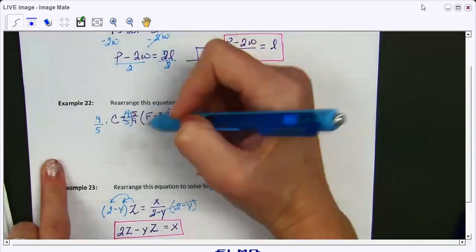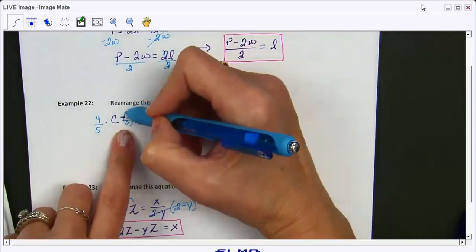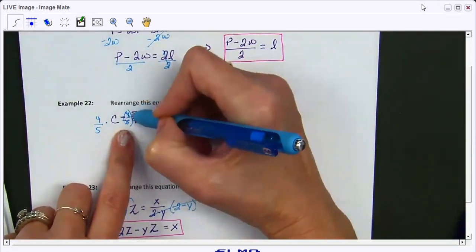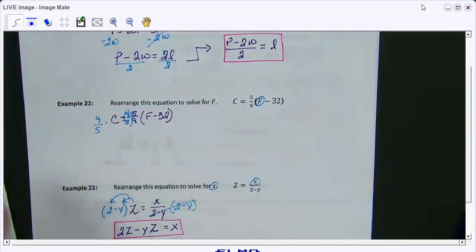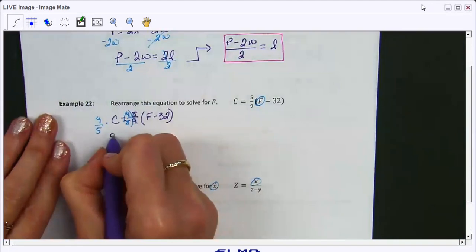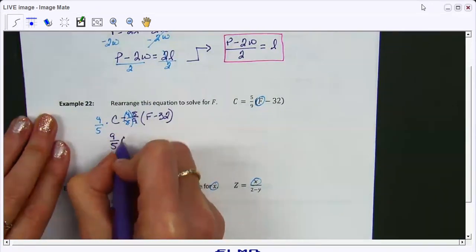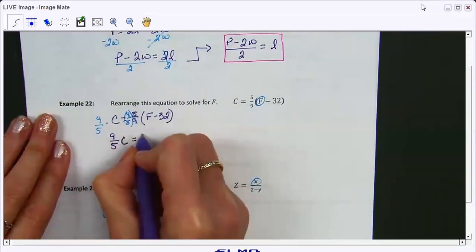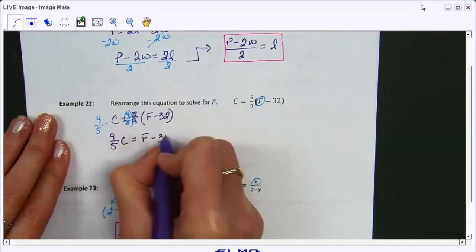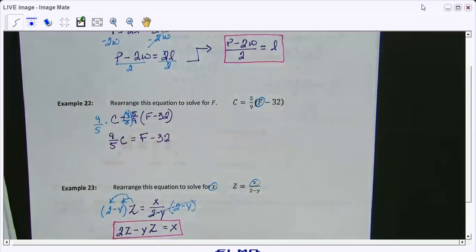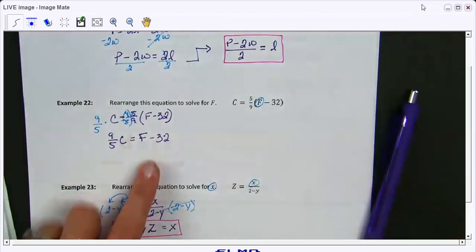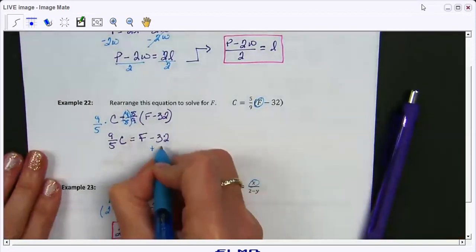When we multiply by the reciprocal here, we can cross simplify all of these and it becomes a 1. But we don't have to write that 1. So we end up with 9/5 C equals F minus 32. F is almost isolated. We just need to get rid of the -32. So we are going to add 32 to both sides.